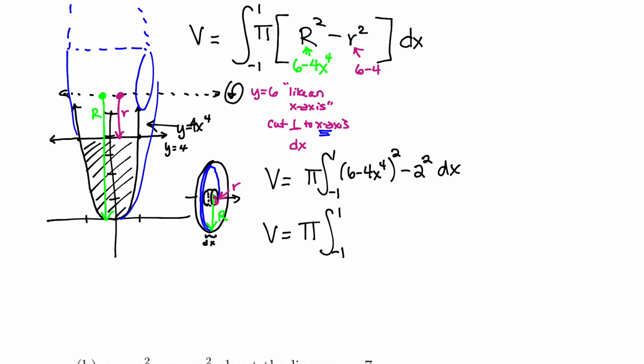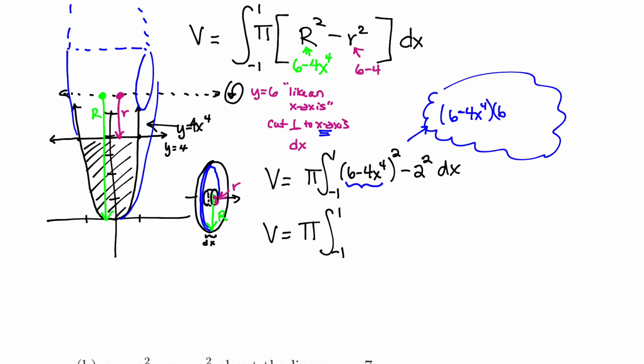If you're going to square a binomial, remember, this is one thought bubble here because students always forget to do this. We're going to multiply it out, right, and FOIL. So what's that give us? 36 minus 48x to the 4th plus 16x to the 8th. Is that what you guys got? Something like that? I think so.